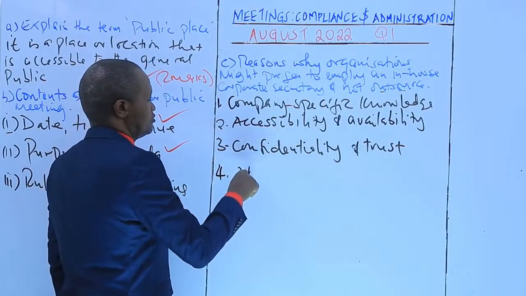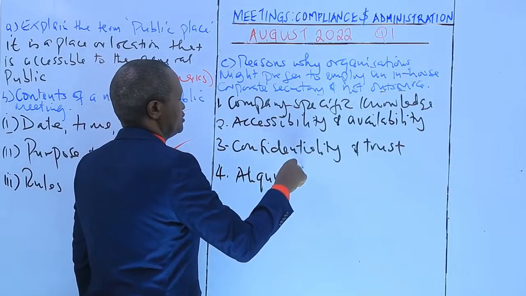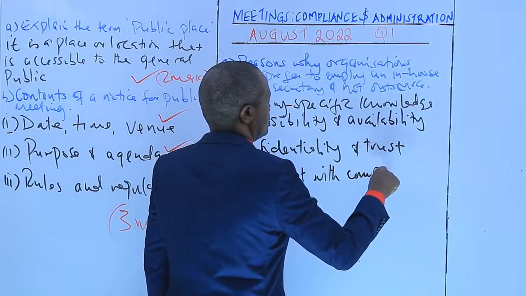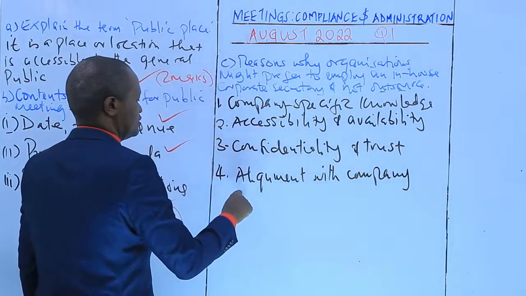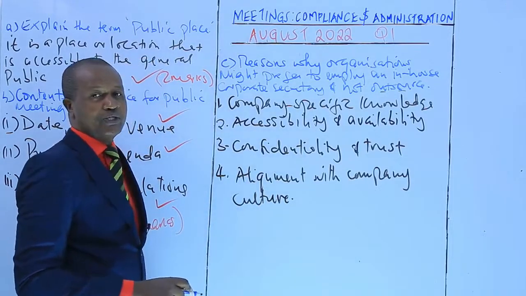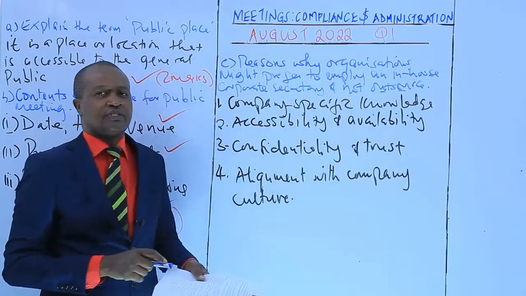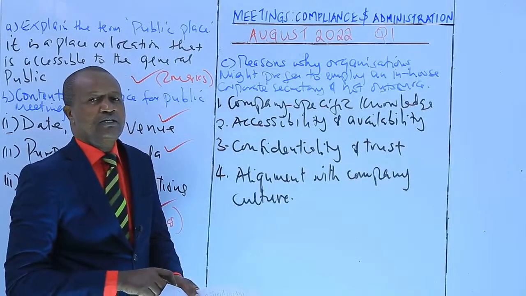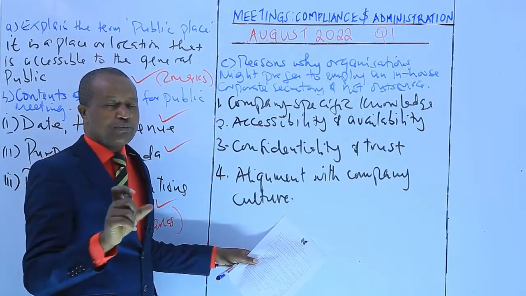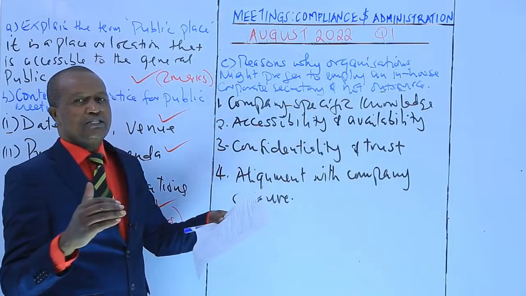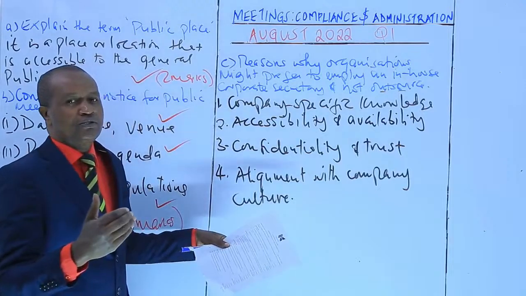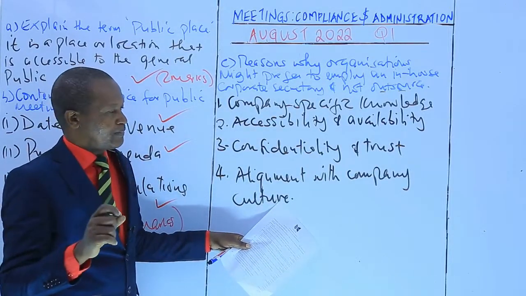Four, alignment with company culture. Alignment with what? With the company culture. Now, candidates, an in-house corporate secretary can align their work practices and communication style with the organization's culture.